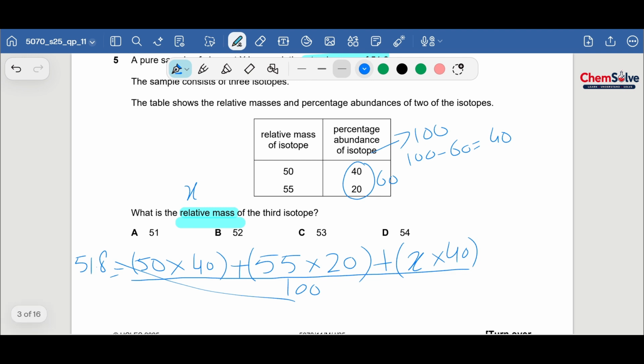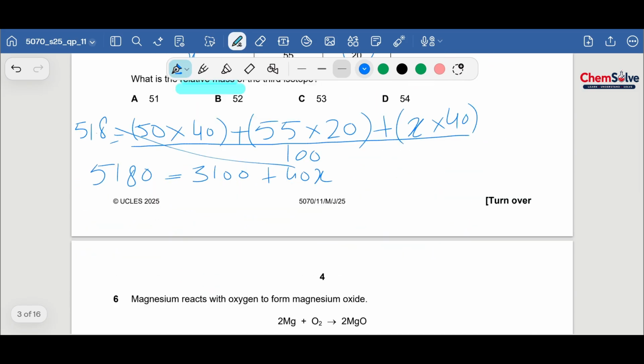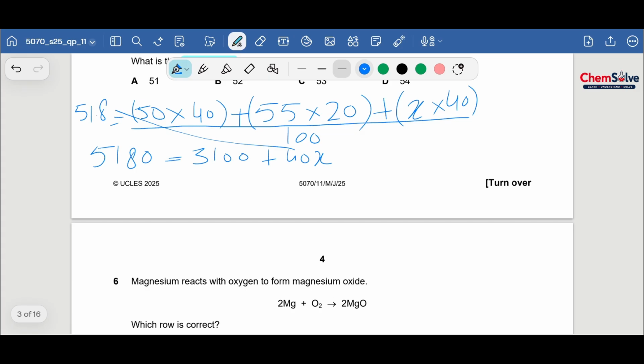So 5180, and then I will solve the rest of the things. It will make 3100 plus 40x, and we are going to find out x here.